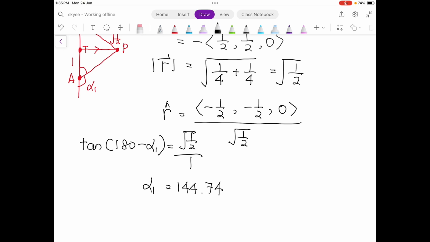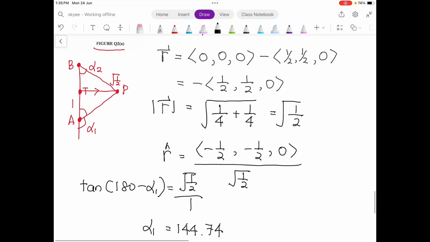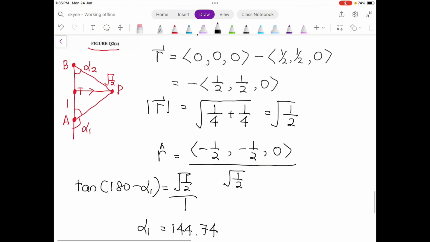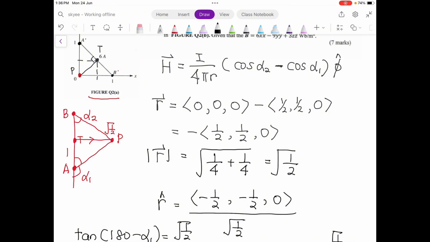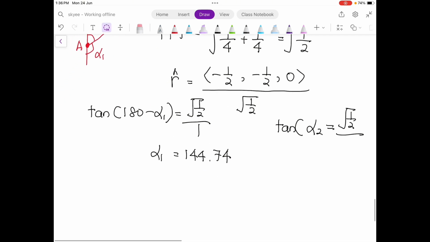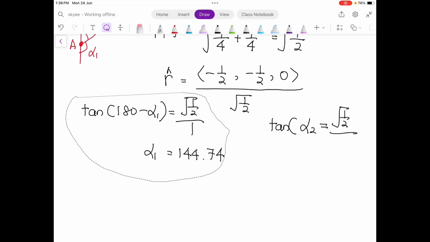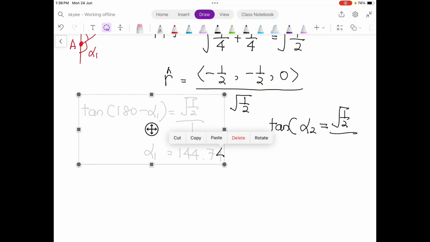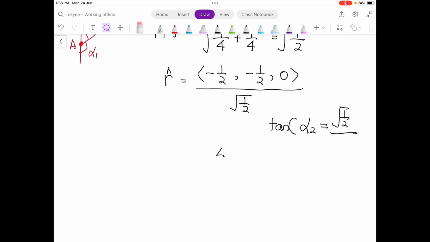Then for alpha 2, tangent is opposite over adjacent, from T. Oh no, sorry, I think my length is wrong. It's from T and it's not 1. I think I will correct this one. This one is wrong, so I have to calculate again. Delete this first.